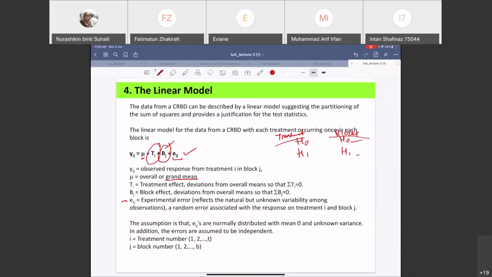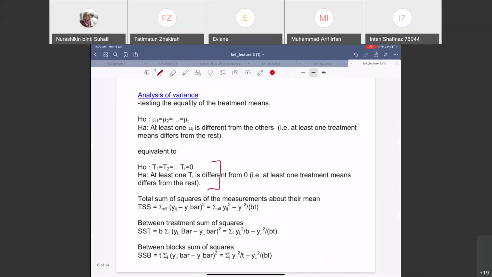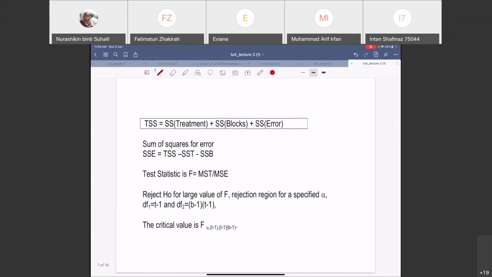For this one, the response is also affected by the blocks, not just the treatment. So that's it for LU4, and we have finished all the LUs, because we only have up to LU4. So we have covered LU1 until 4.